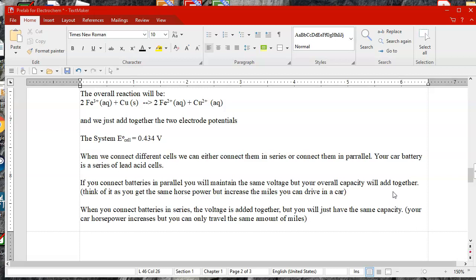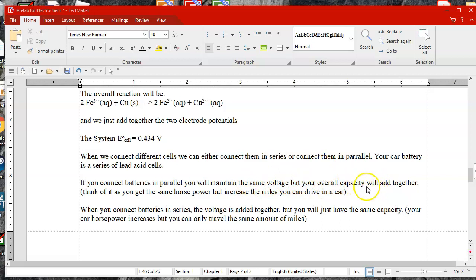a couple of different types of batteries or galvanic cells or voltaic cells in series and in parallel. And when we do this, we see that some kind of weird things happen with the potentials and the overall battery capacity. So if you connect batteries in parallel, you're going to maintain the same voltage. All right. However, your overall capacity is going to add together, right?